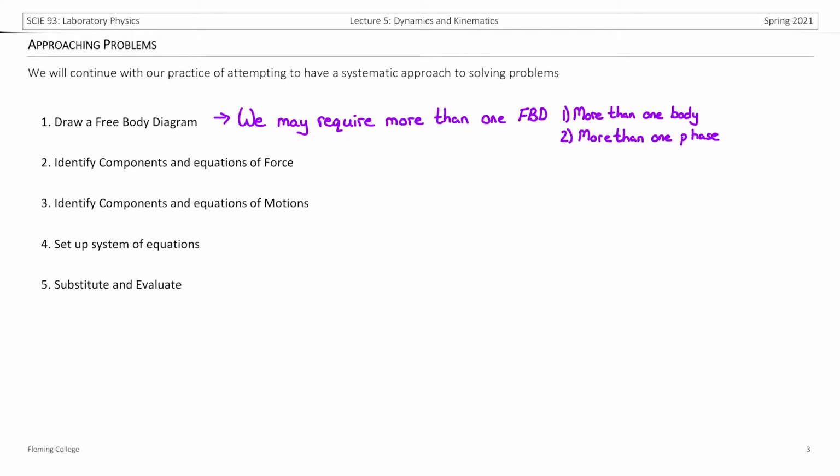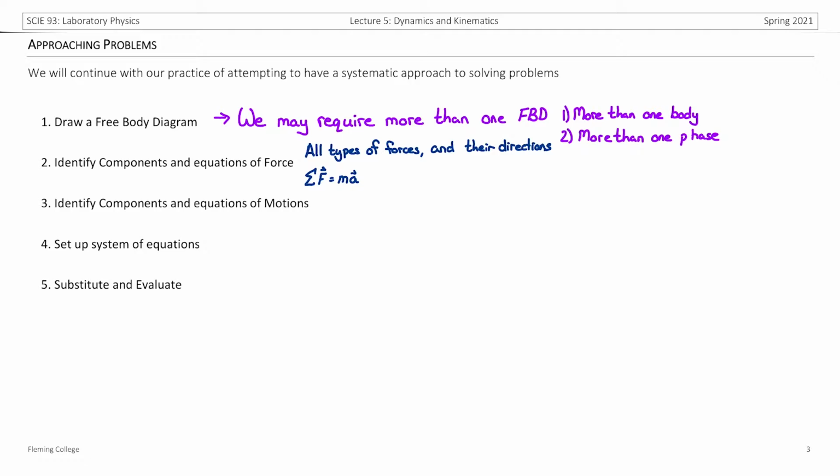The next two steps could happen in either order. Some problems will be beneficial to work in the order written, and some problems will be beneficial to work in the opposite order. Overall, we need to identify the components and equations of force. By components, we mean all types of forces and their directions. And by equations, we're referring to our sum of all forces is equal to the mass times the acceleration.